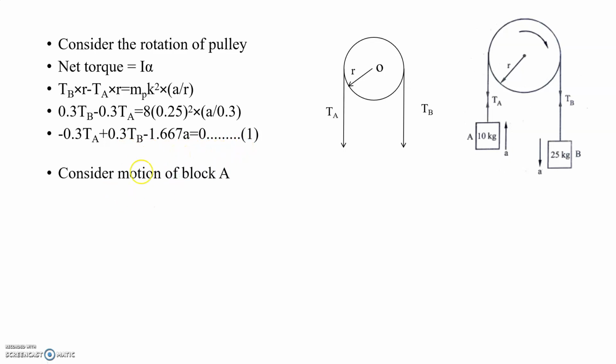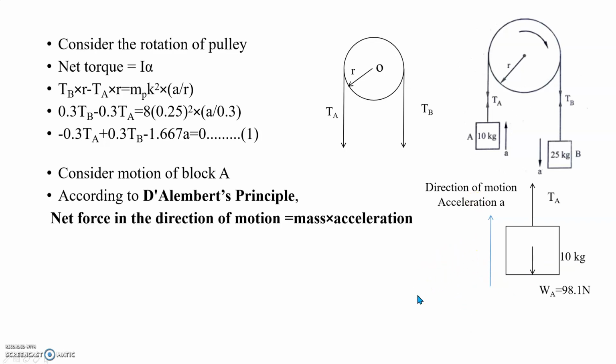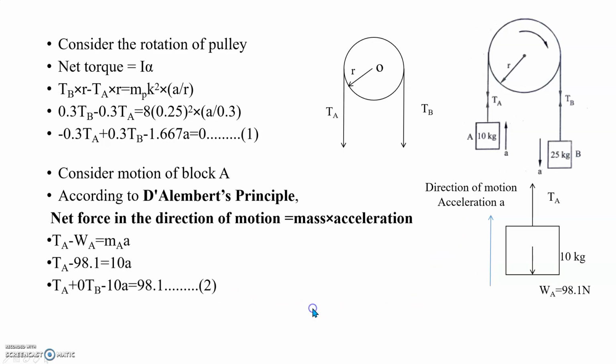Now consider the motion of block A. This is block A, and these are the forces acting on block A. This is the direction of motion. Applying D'Alembert's principle, net force in the direction of motion equal to mass into acceleration. Substituting the values, we are forming another equation in the form ax plus by plus cz equal to d.